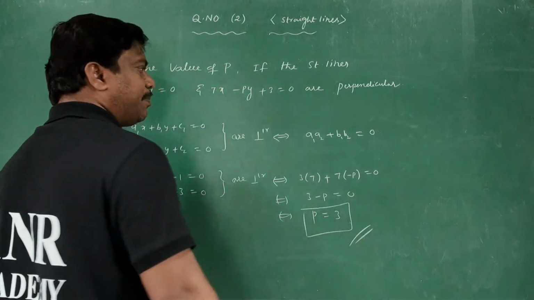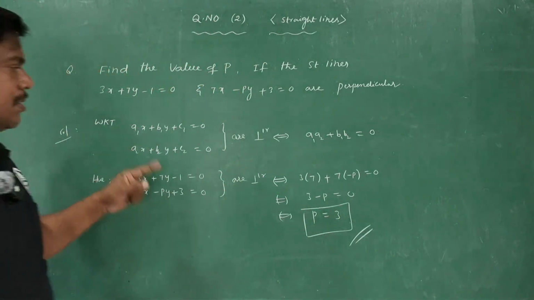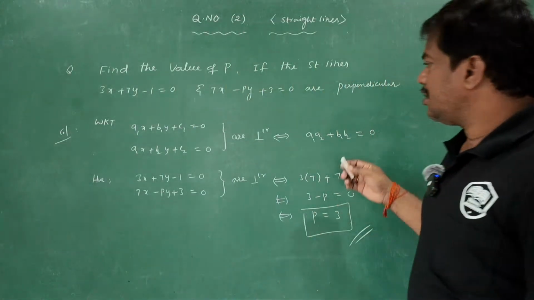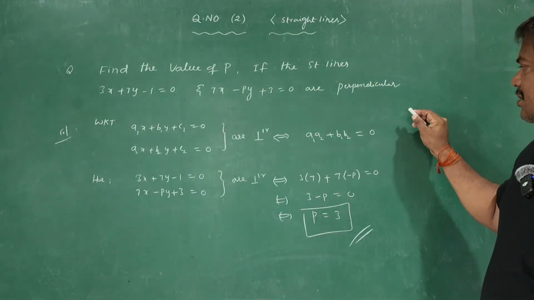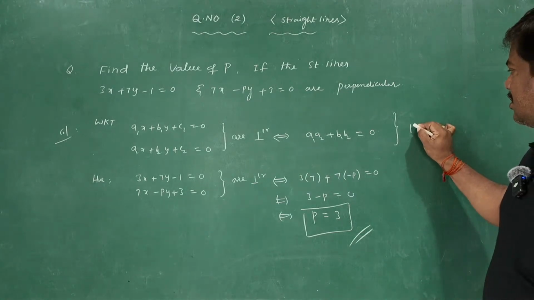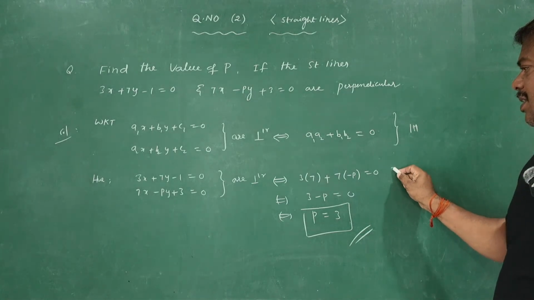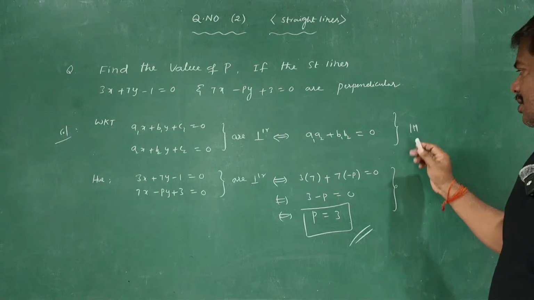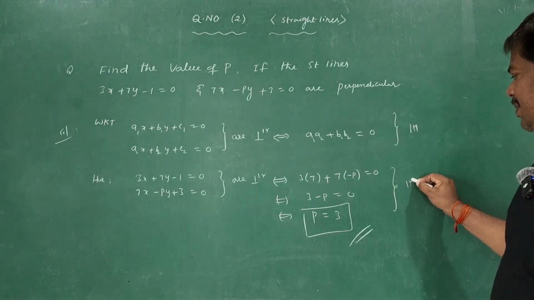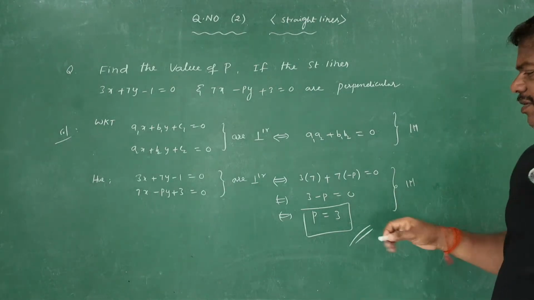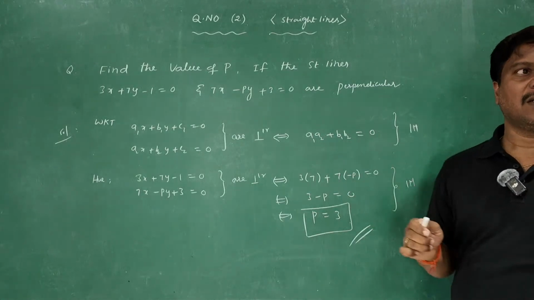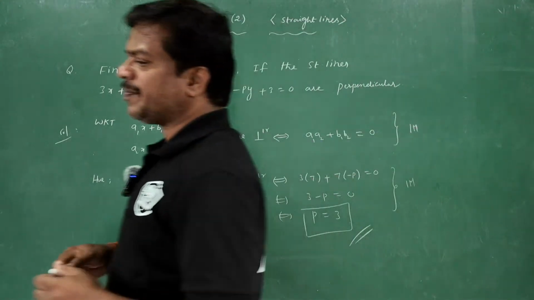So you got the result p. Just by writing the condition for perpendicular lines you will get 1 mark, and applying it to the given question, you will get the value of p. So for this procedure you will get another 1 mark. So this is a 2 marks question.